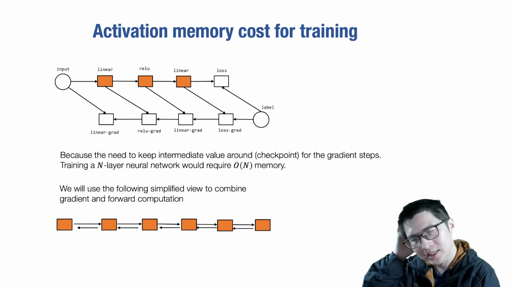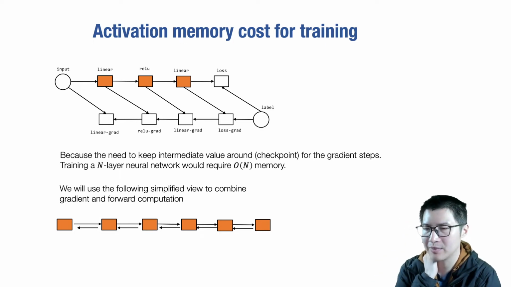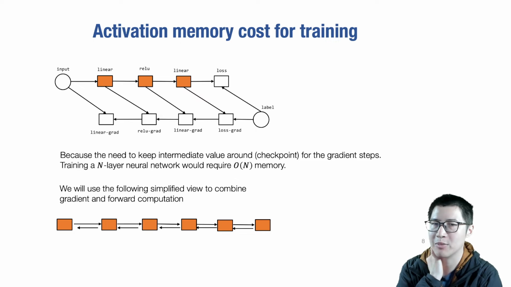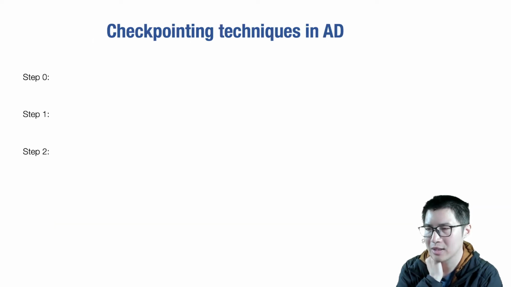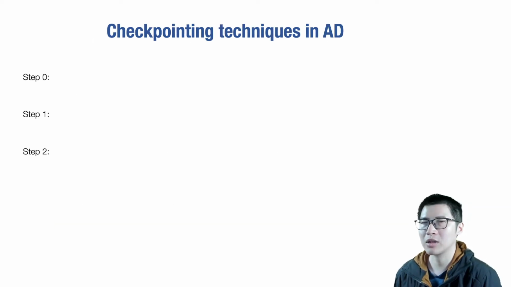Okay, so let's introduce the technique that can help us reduce the overall memory consumption, specifically the activation memory consumption in the training process. So this is a technique called activation checkpointing, or gradient checkpointing in this case.